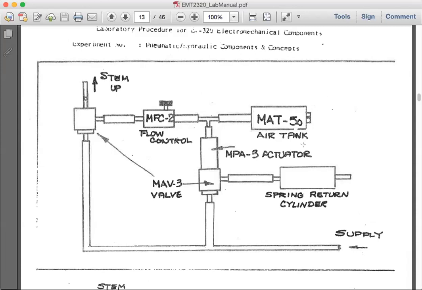But this setup of flow control and the air tank is the important introduction of how you can create a delay in activation or deactivation of certain parts of the system. Because in this case, the system is simple, so basically it affects the whole system.